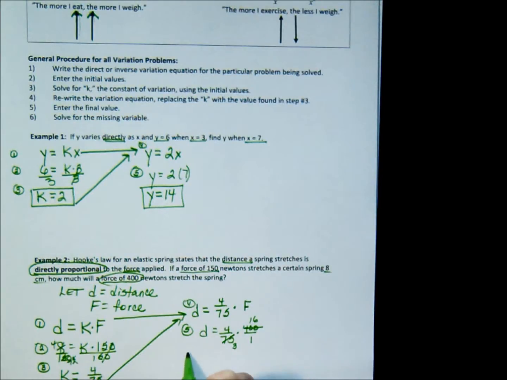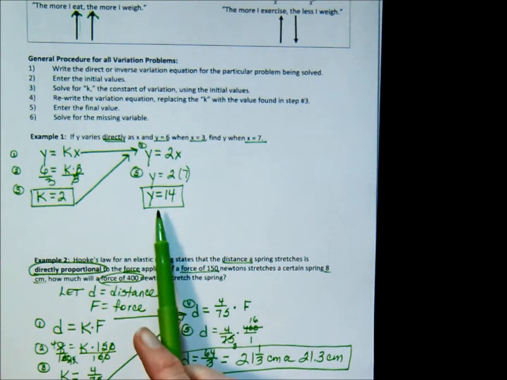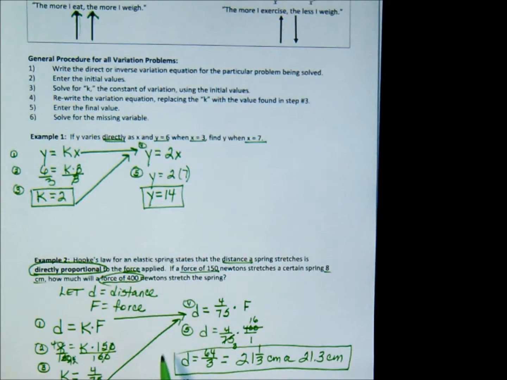So I end up with D equals 4 times 16 is 64 over 3. And now if we actually do that division, we end up with 21 1/3 as a fraction, or 21.3 centimeters. The key here, though, is following that exact process that I did in this first one. Follow the same process down here.